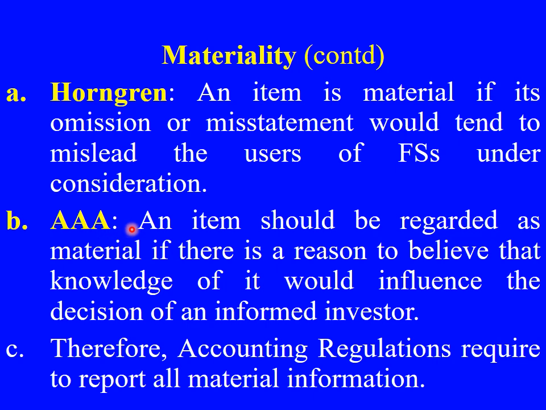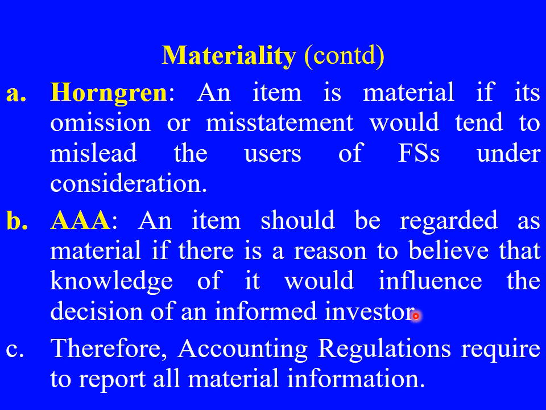So here the AAA committee also defined materiality. An item should be regarded as material if there is reason to believe that knowledge of it would influence the decision of an informed investor. So when an information is called material information, that information has an influence on the decision making activity of the users. Say for example, I am a shareholder, I want to invest.